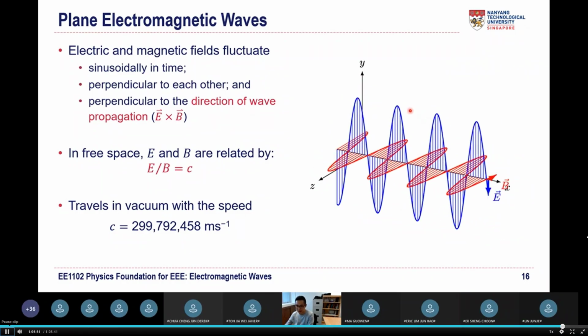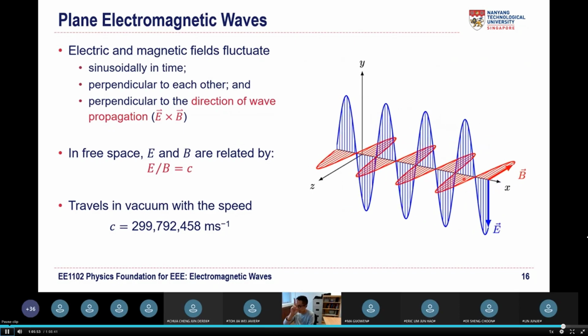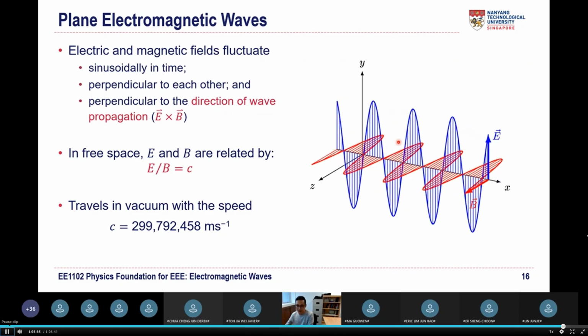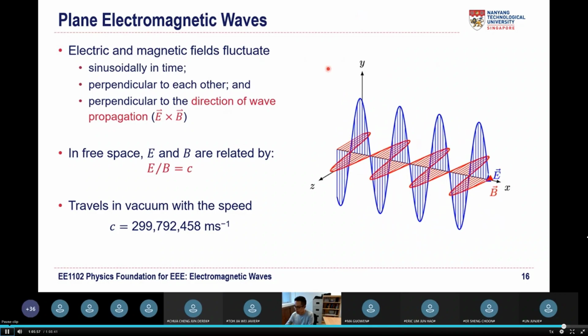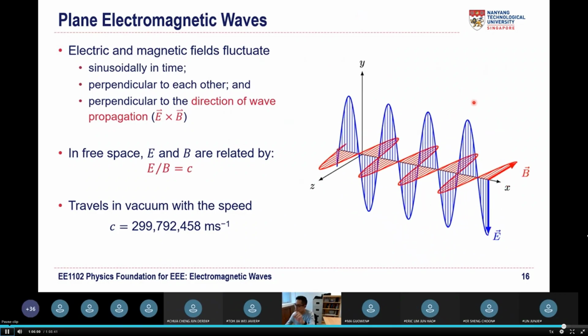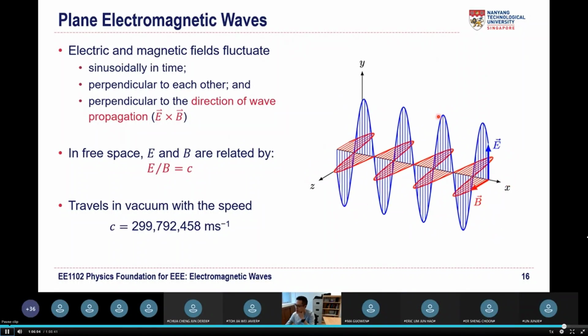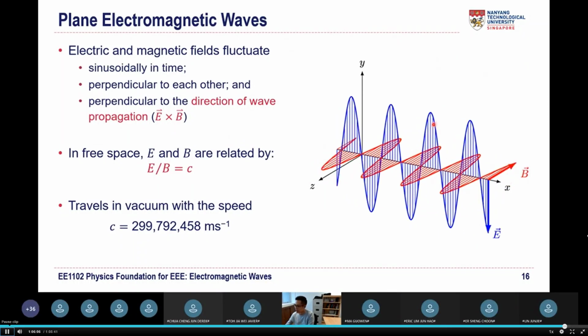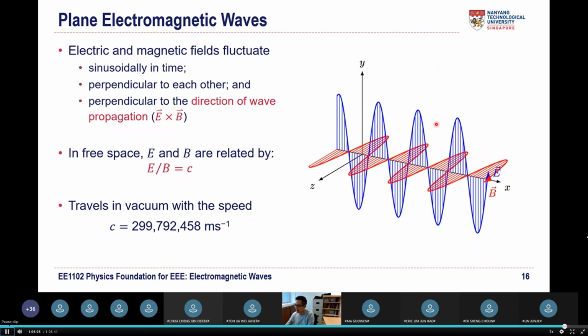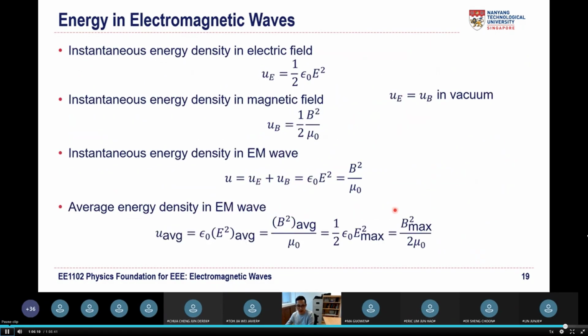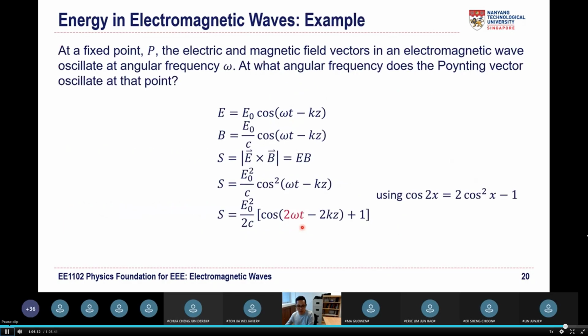If you are squaring this, one oscillation centered at zero is going to give you two oscillations. If you can understand what that means. Okay. Right. So that's why we end up having twice the frequency of oscillation for the Poynting vector.